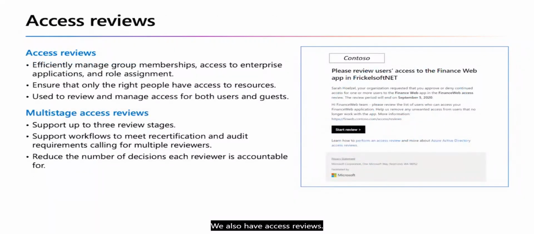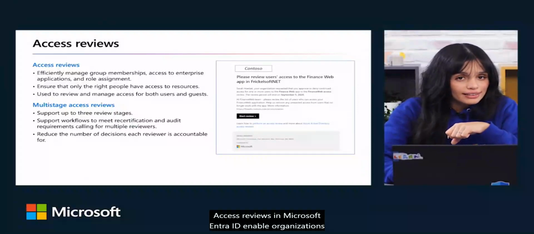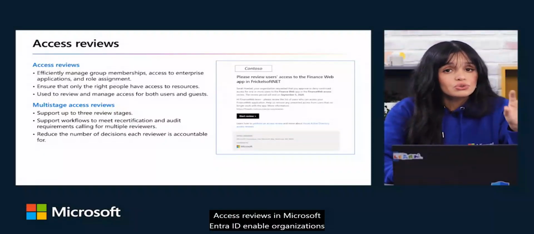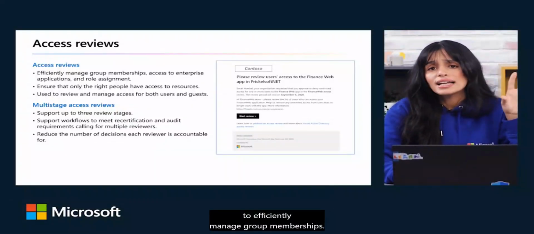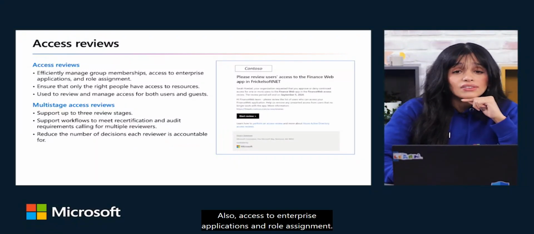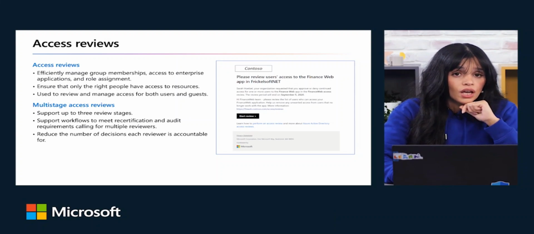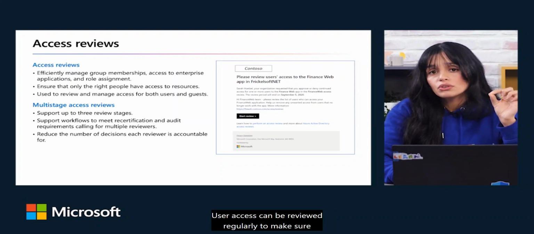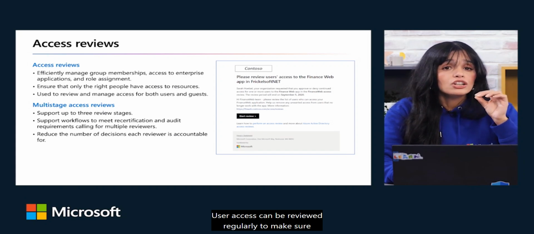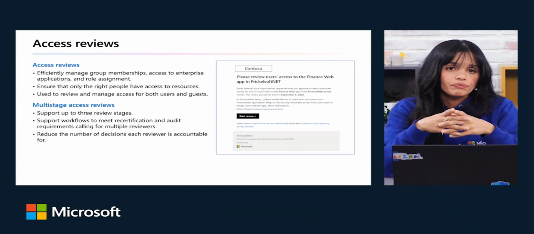We also have access reviews. Access reviews in Microsoft Entra ID enable organizations to efficiently manage group memberships, access to enterprise applications, and role assignment. User access can be reviewed regularly to make sure only the right people have continued access.